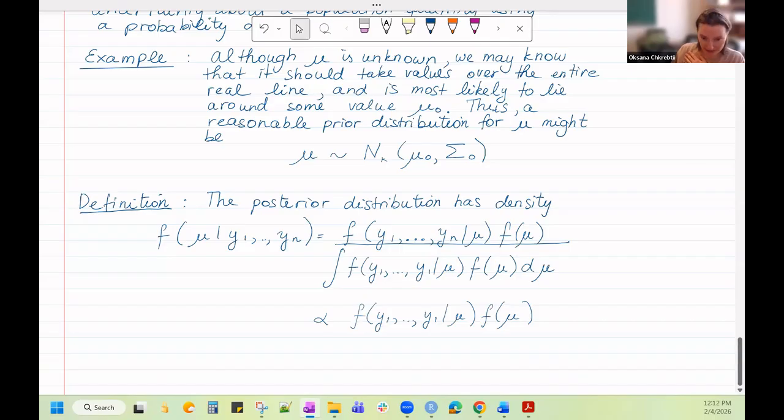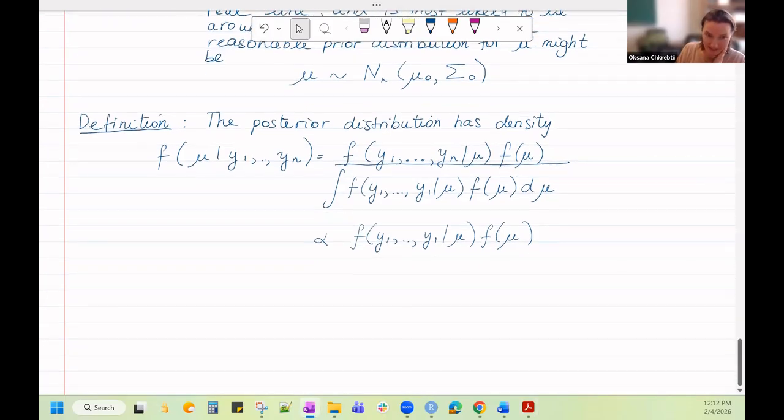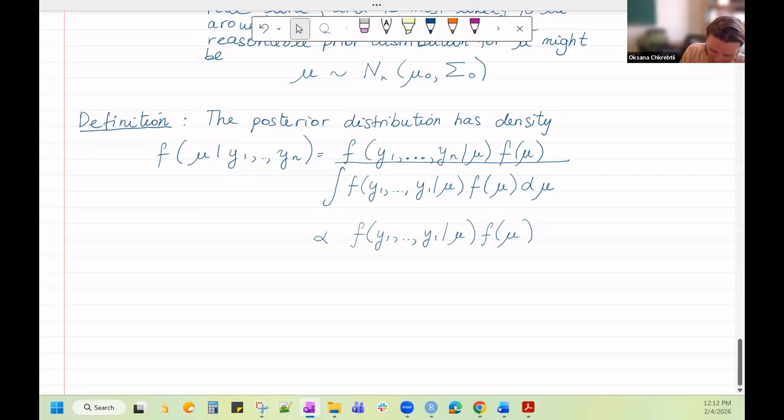And it turns out that if y is a random sample from a multivariate normal distribution, then the posterior distribution over mu, if it has a multivariate normal prior, is also multivariate normal. This is what we call conjugacy. All right, so here's an example specifically for the multivariate normal distribution. And then after this example, I will finish the lecture.